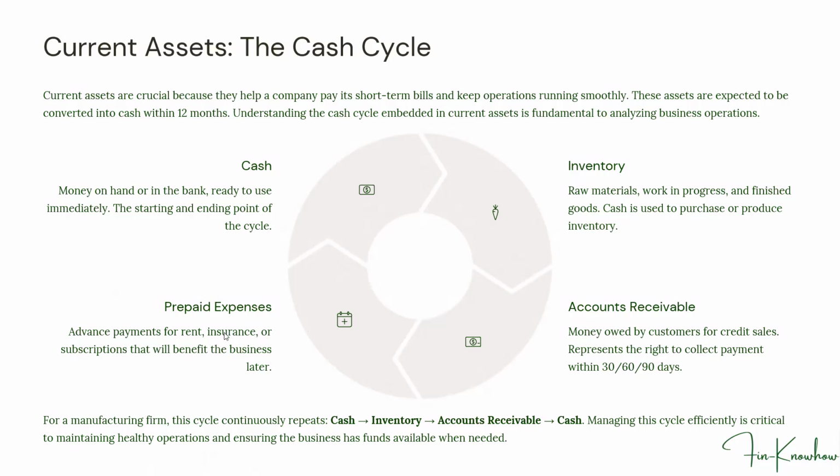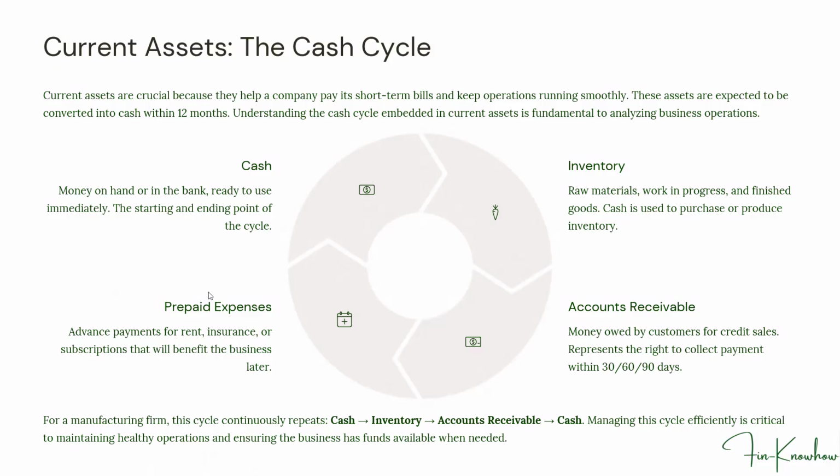Some landlords might require you to pay for rent at the beginning of the month, or you might be paying for subscriptions, which you will use over the course of the year and so on, right? So these are expenses where the cash has gone out of the company, and the value will be realized over time. Okay.